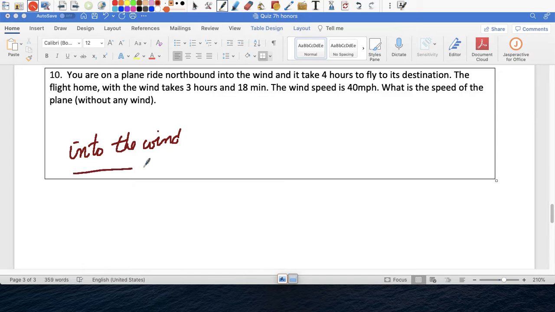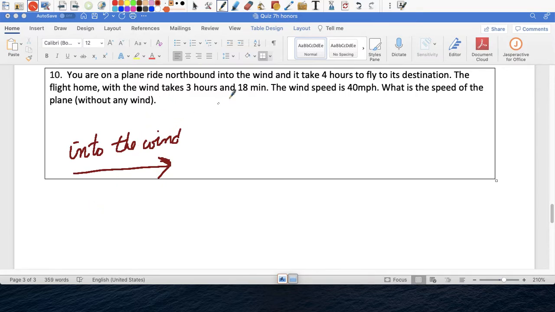So it definitely takes you a little longer to get there because you're flying into the wind. Now, on the way home, the flight home with the wind, so you have the wind behind you, takes 3 hours and 18 minutes.